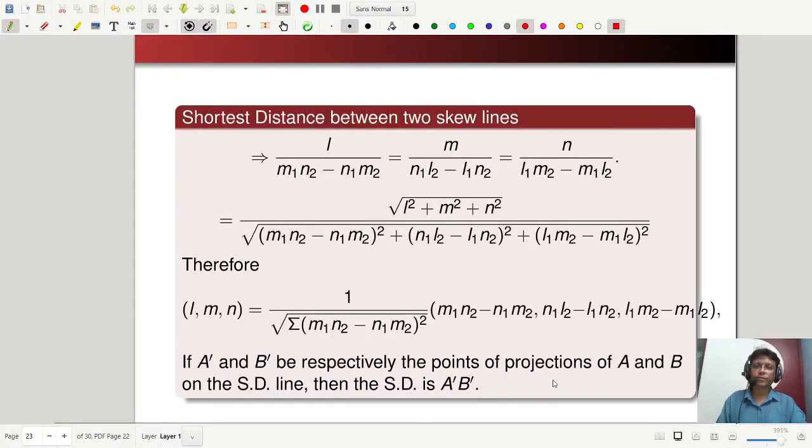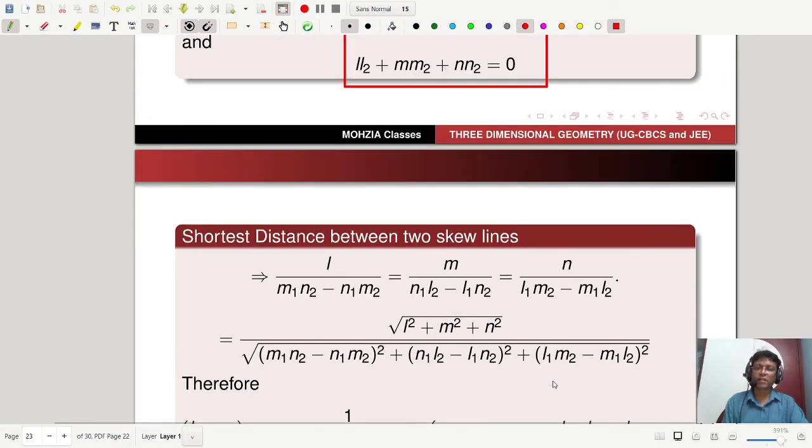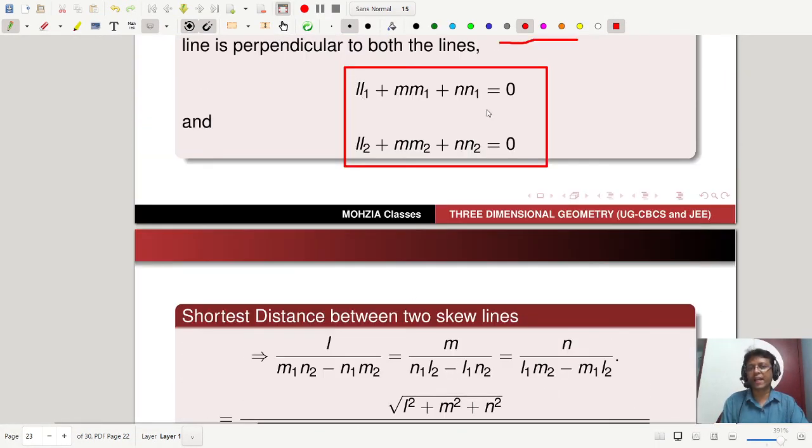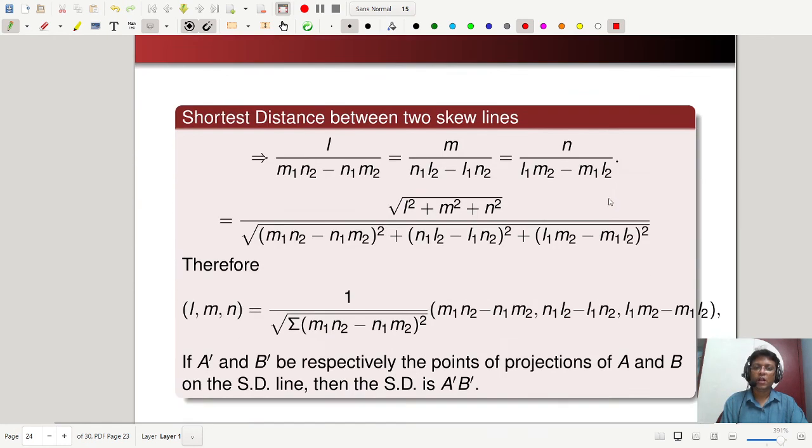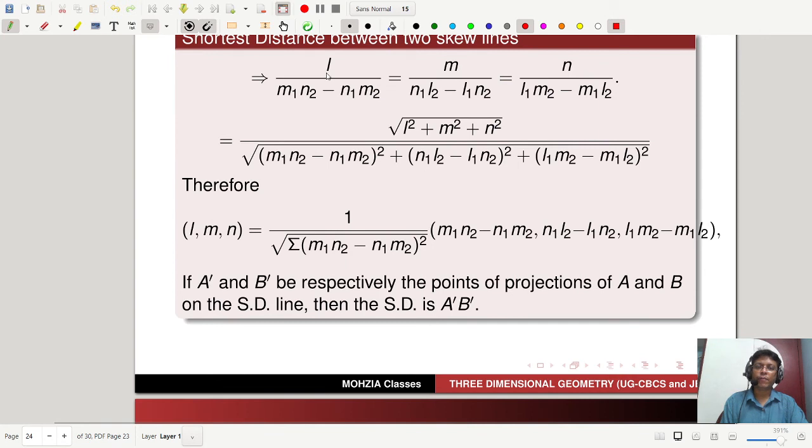How will you calculate that? Before that, you can calculate l, m, n by solving these two equations by the cross multiplication method, and you can write this equal to 1 over root of L square plus M square plus N square. And you know l, m, n are the direction cosines, so this will be 1.